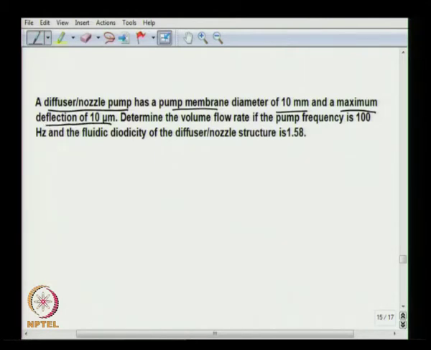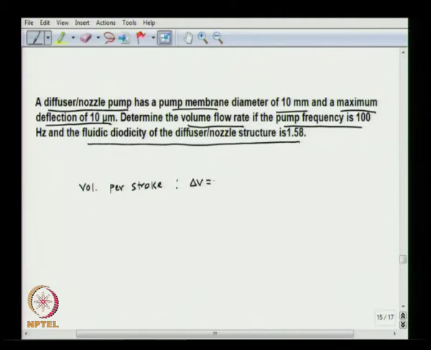We would like to determine the volume flow rate if the pump frequency is 100 hertz and the fluid diodicity of the diffuser nozzle structure is known. So, what we first do is find the volume per stroke.